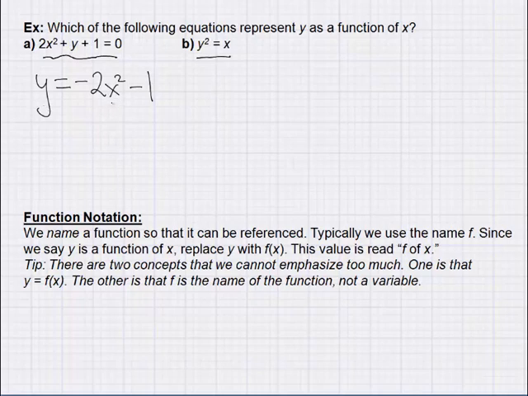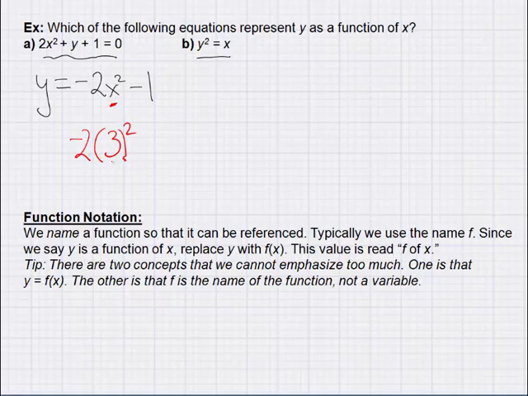Well, think about it. If I plug some number in for x, what am I going to do to it? I'm going to square it. So let's say I plug in, I don't know, 3. I'll square it. Then what am I going to do? I'm going to multiply it by negative 2.